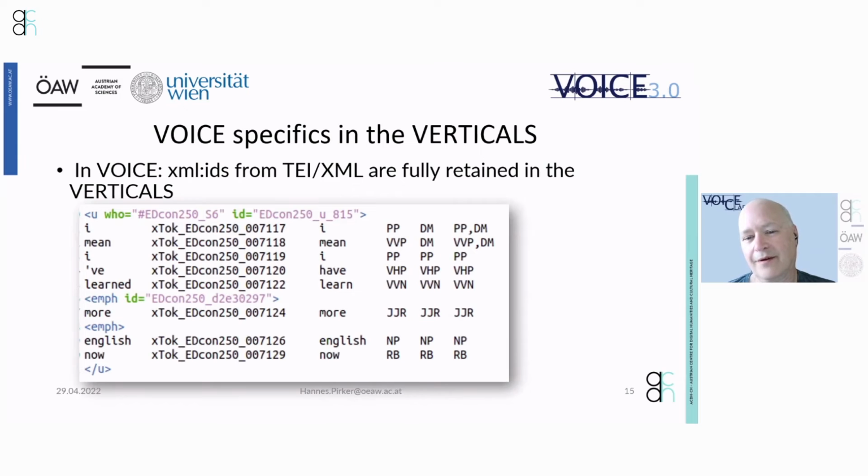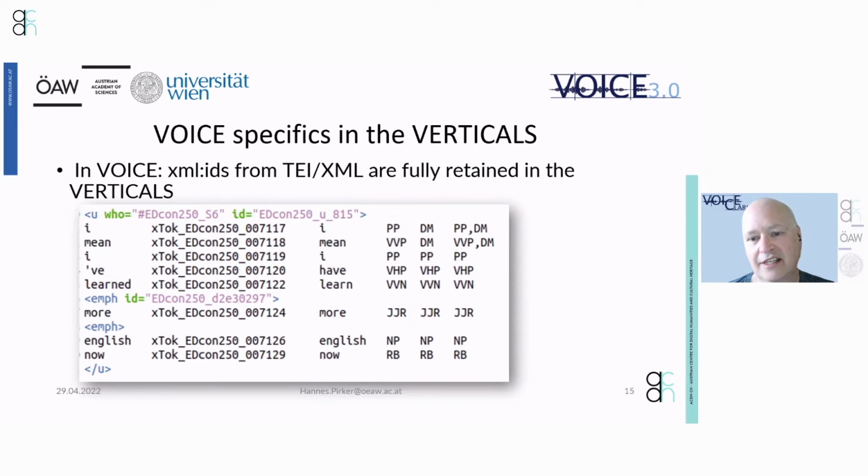So what were the VOICE-specific modifications to the verticals? One of the simple but very important things is that we retained all the XML IDs from the original TEI in the verticals.